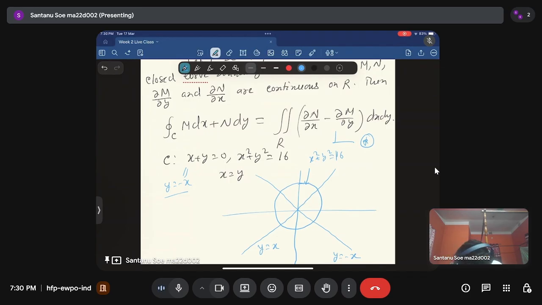Now if you put y equals x in x squared plus y squared equals 16, this will be 2x squared equals 16, or x equals plus or minus 2 root 2. So the region is given by this one.